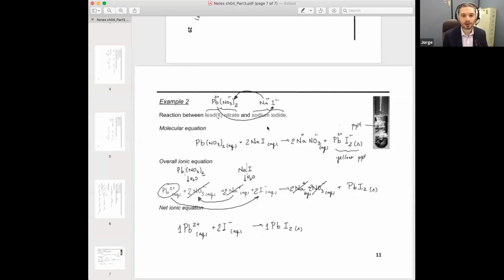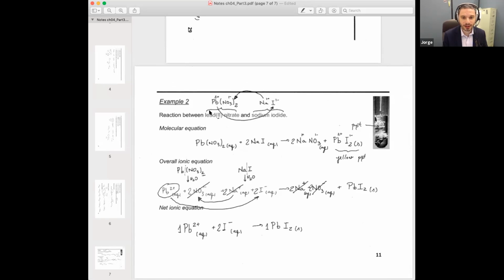Okay, sorry about that. We are going to deal now with the reaction between two salts. The first thing we must know is how to write the formula of the salt. Let's start with lead(II) nitrate. We know that nitrate is NO3 and the charge is 1 minus.